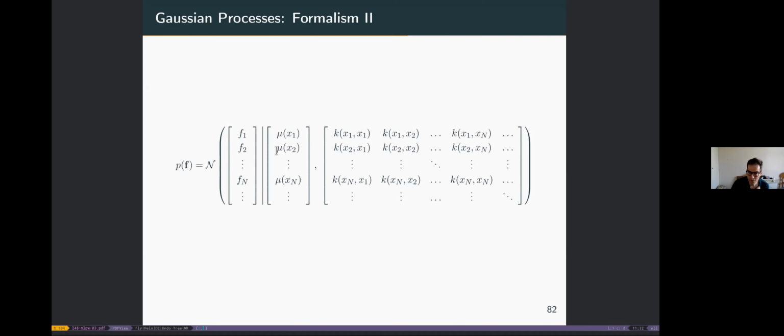So we have two functions, and these are parametric functions, mu and k. If I can parameterize them, and these two functions are defined over the whole index set, then I can compute as big of a Gaussian distribution as you ask me to. So that is a Gaussian process.